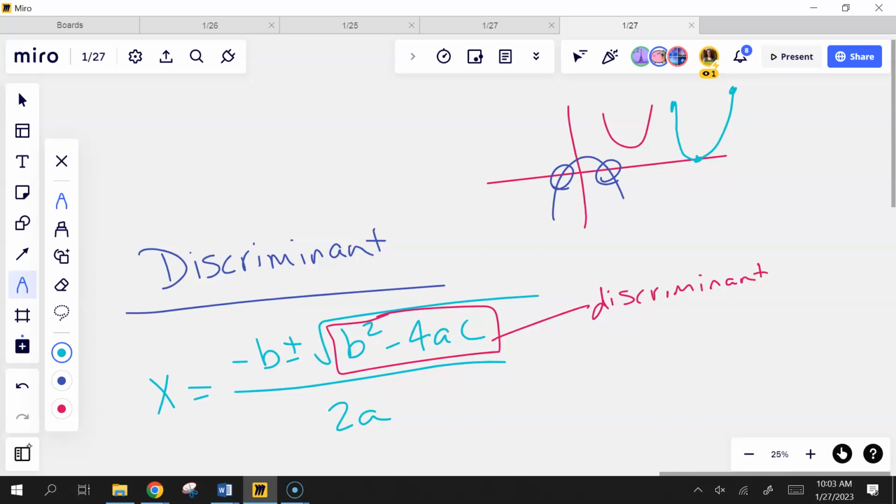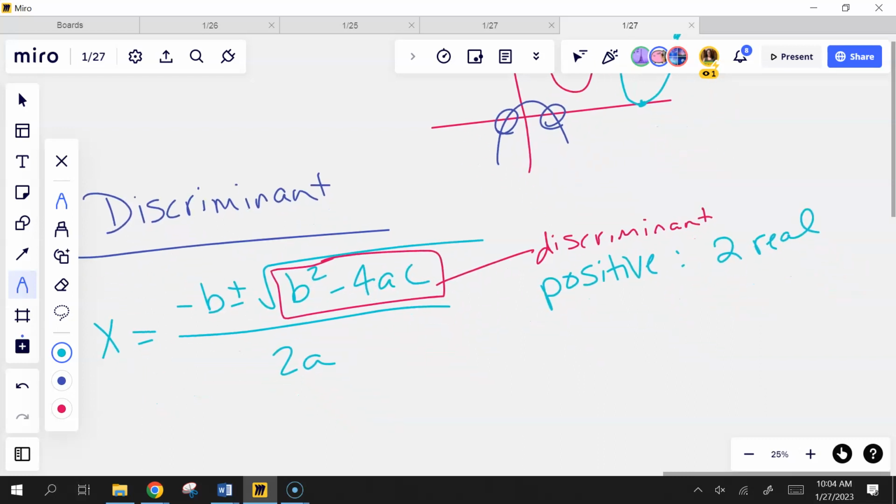So if we plug into b squared minus 4ac, if we get a positive number, it tells us that there are two real solutions. If we get a negative number, the reason is that if you take the square root of a positive number, you get two answers, right? What's the square root of 4? Or negative 2. That's exactly right.